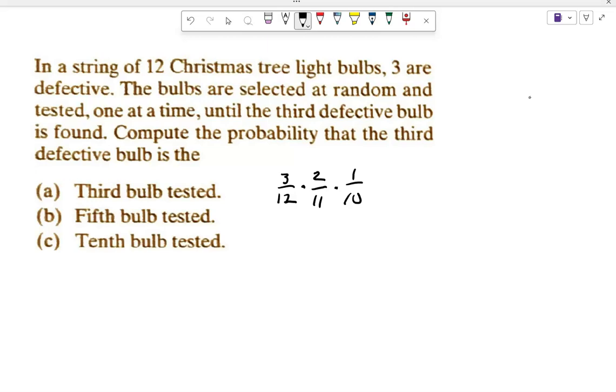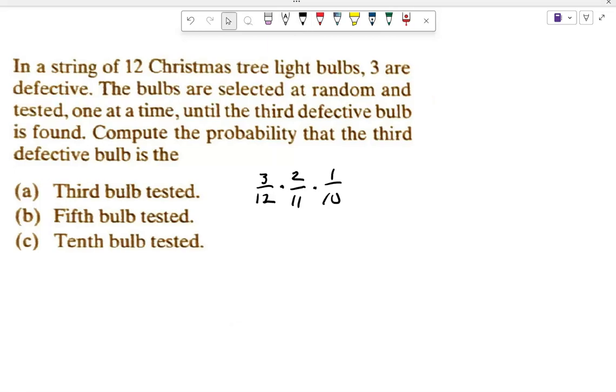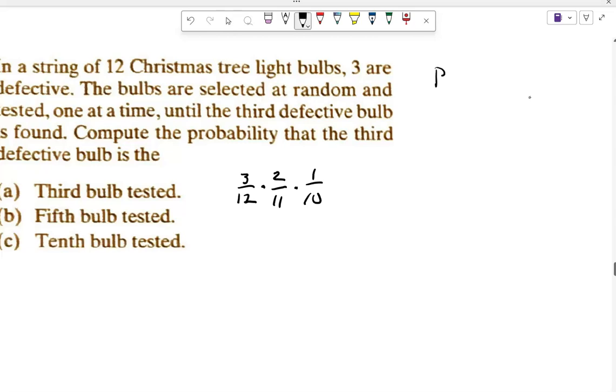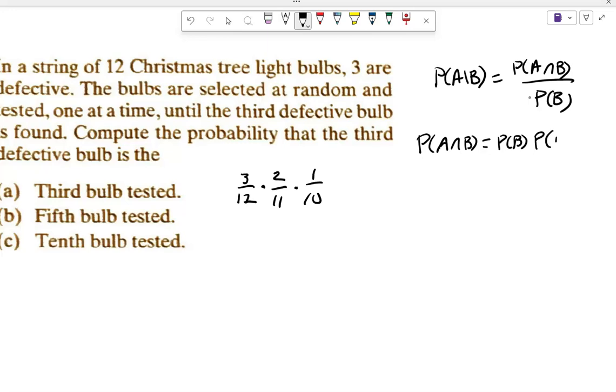So what we're using here is, remember we said the conditional formula is this, but we also said that we could rearrange this and get the probability of the intersection is probability of B times probability of A given B, right? So this is actually the property that we're using.